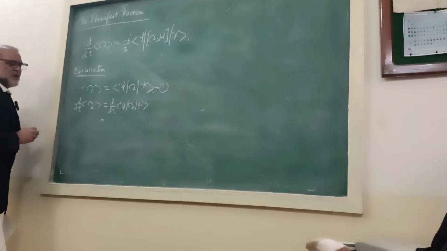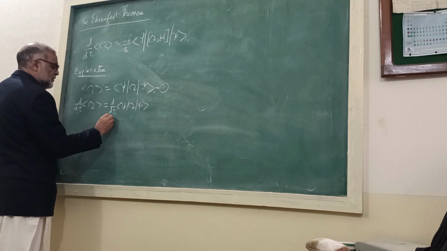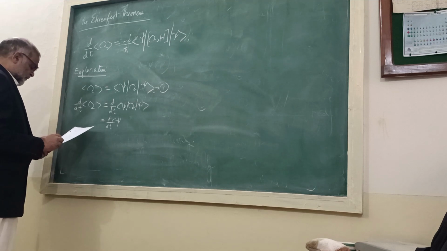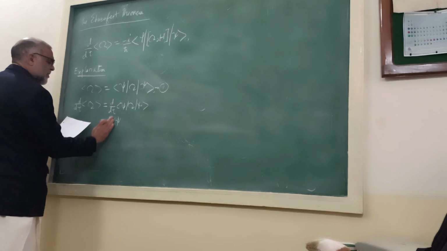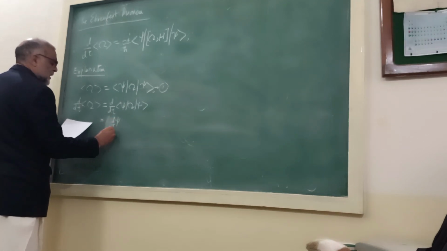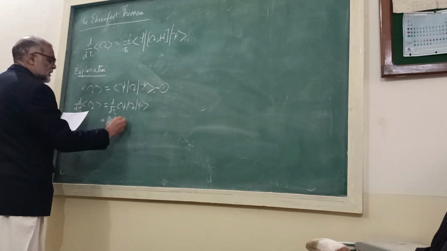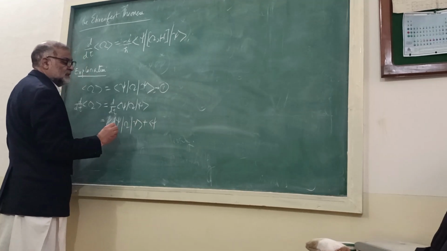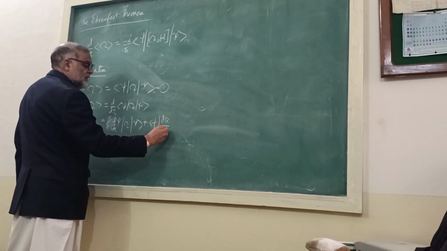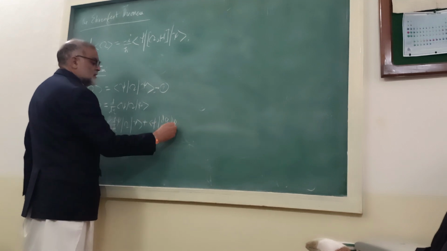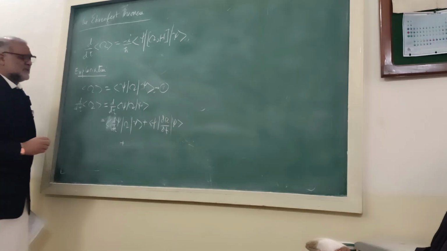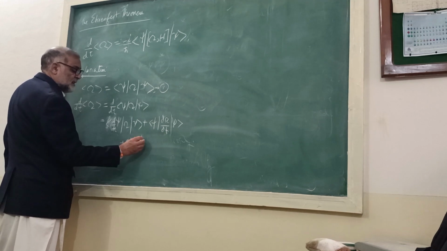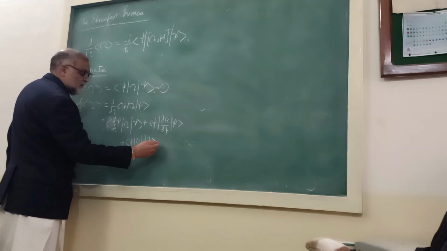That is like applying the product rule. So d by dt of the expectation value is d psi by dt, omega, psi, plus psi, d omega by dt, psi, plus psi, omega, d psi by dt.